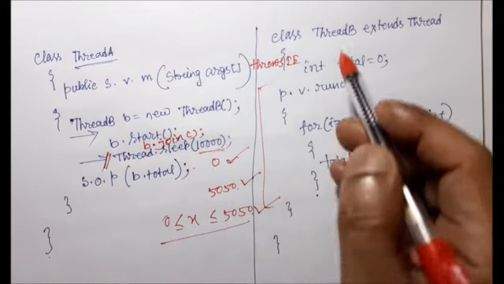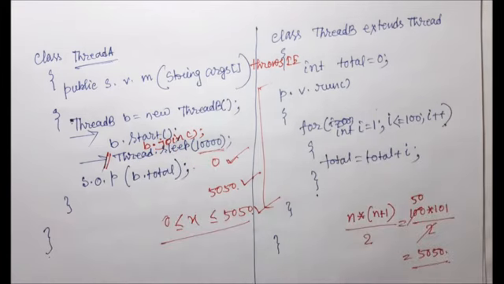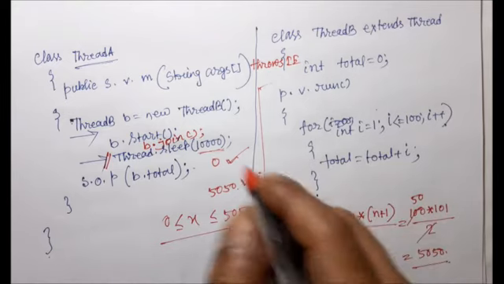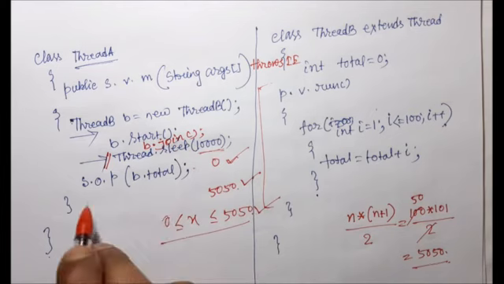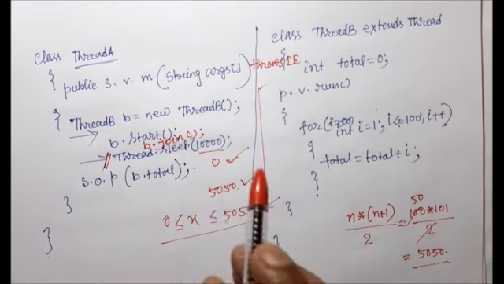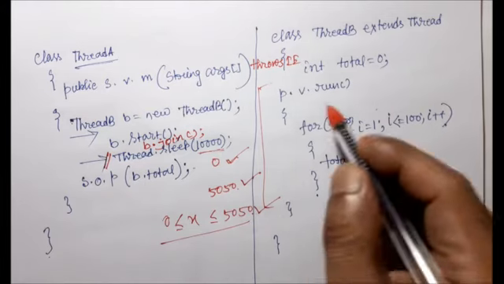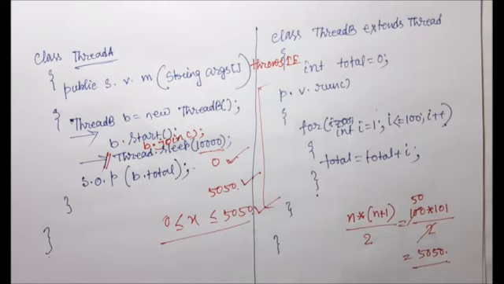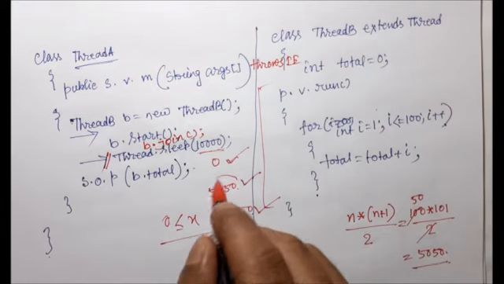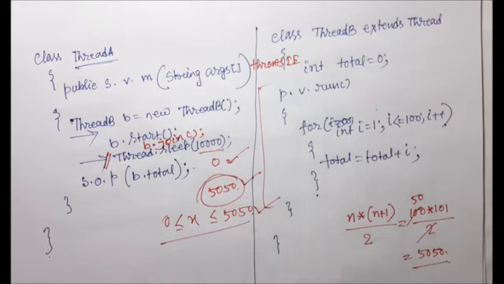That means first the child thread will be executed, then it will enter the Thread dot sleep method, then I will get System dot out dot println b dot total. So after completing the child thread, I will get the output 5050, no problem.